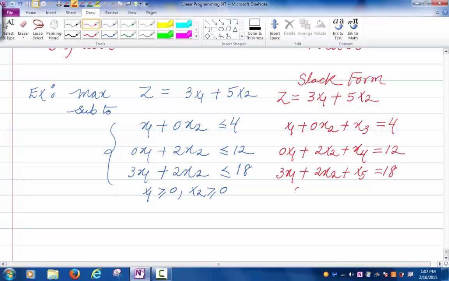And I want x1 larger than 0, x2 is still larger than 0, and I want x3, x4, and x5 to be larger than 0. Why do I want the slack variables to be larger than 0? Well, if I allow the slack variables to be negative, so for example, if I allow x3 to be negative, that would mean that I am allowing what here?